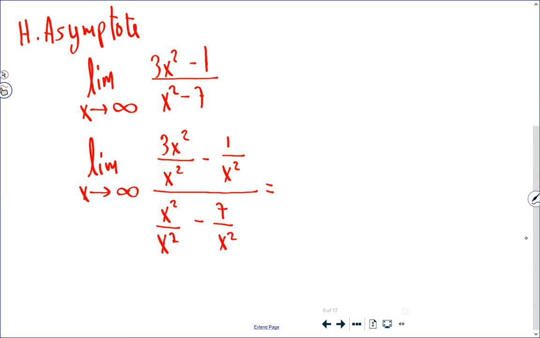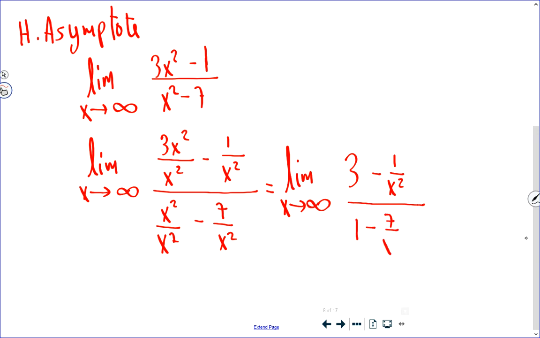That allows us to get to the following point. The limit as x approaches infinity of, well, 3x squared over x squared is 3, minus 1 over x squared you can't simplify, over 1 minus 7 over x squared.